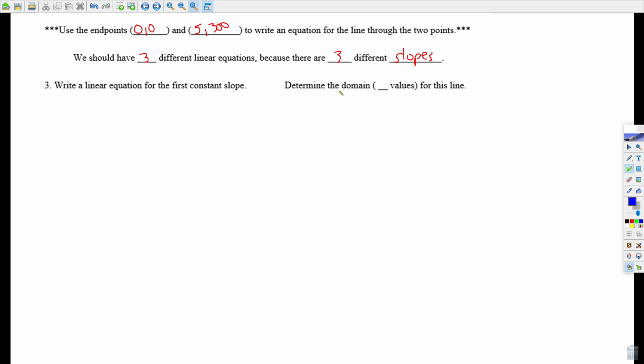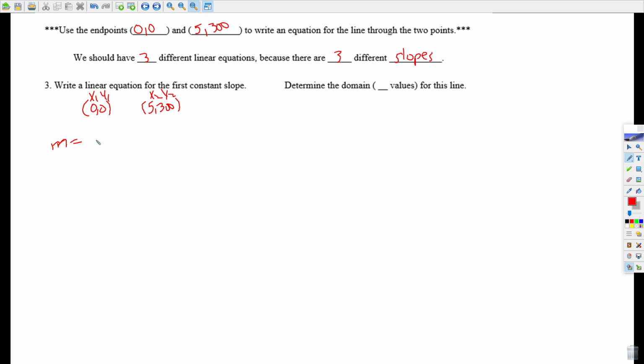And then we'll do the domain. I'll get to that in a second. So what we have to do, we have to take our point. Uh-oh, I changed that. Take our point 0, 0, and 5, 300. And we're going to do what we did in the previous video, which is find the slope first. M. And this is going to be labeled x1, y1, x2, y2.